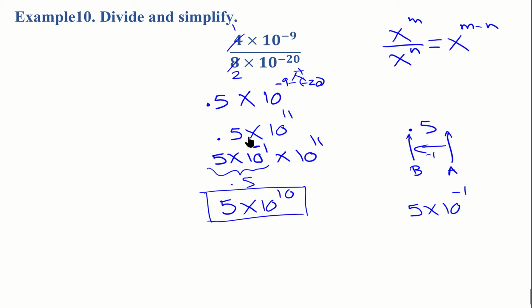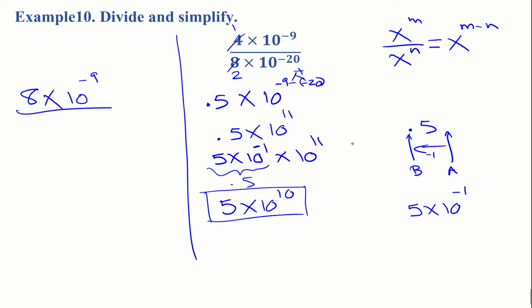Now, it doesn't always turn out that you have to do an extra step. Like, for example, if instead of what you have, if we had 8 times 10 to the -9 over 4 times 10 to the -20. Remember, this is a new problem, right? Then notice here 4 and 8 would have left you 2 on the top.